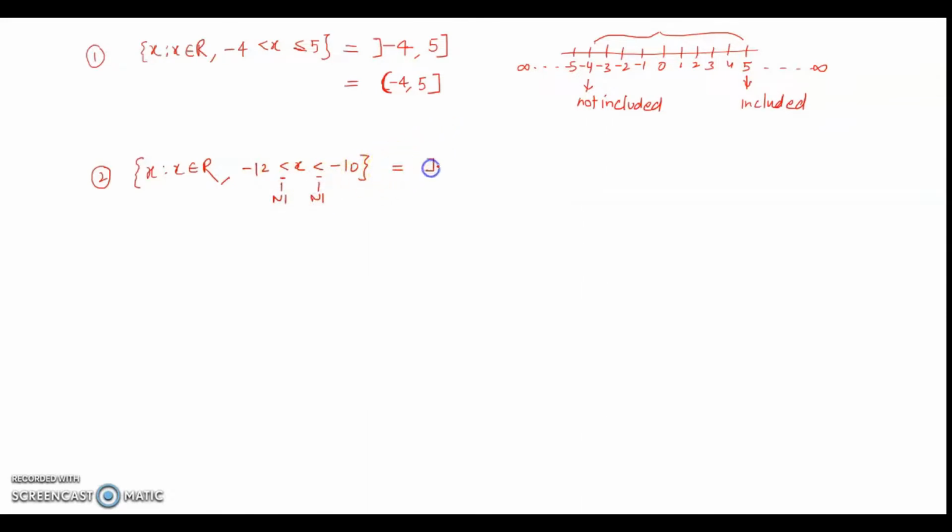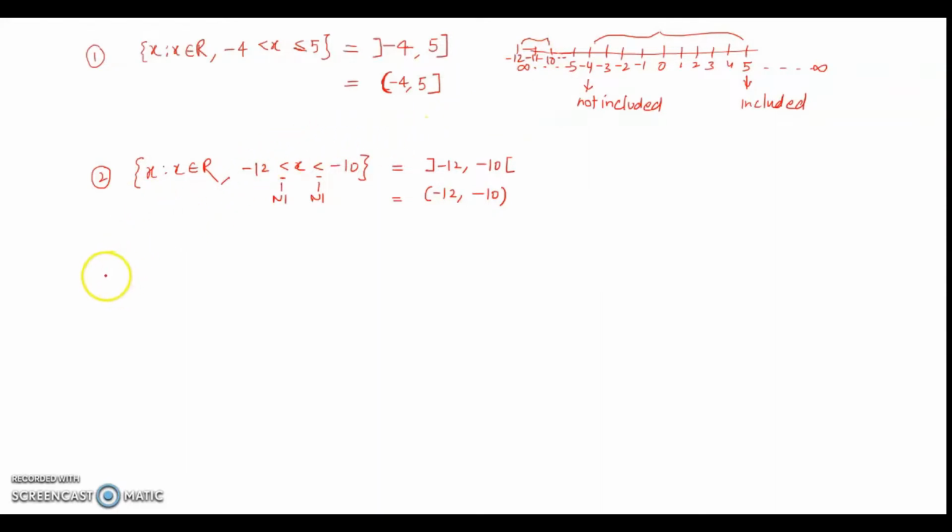You can simply write it as -12 to -10. On the number line, if you keep extending, it will be -10 somewhere, then -11 and -12 here. So it will be between -12 and -10, and both are excluded.